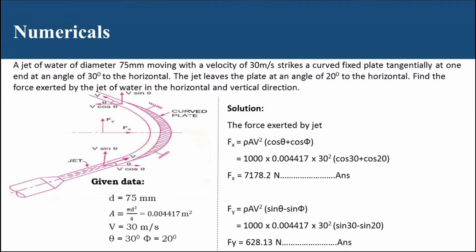In the fixed curved plate we saw three cases: the jet striking at the center of the symmetrical curved plate, the jet striking tangentially on the symmetrical curved plate, and the jet striking tangentially at one end on an unsymmetrical fixed curved plate. Okay, so in the upcoming lectures we will discuss the remaining cases.